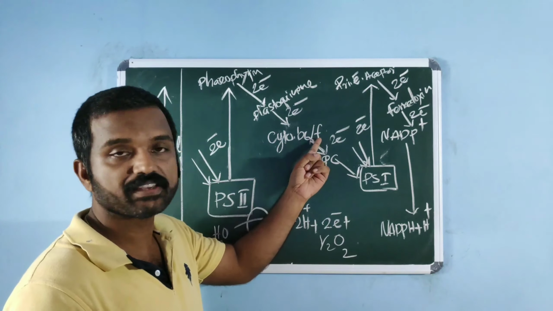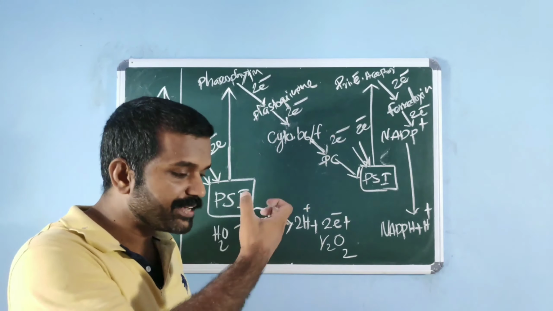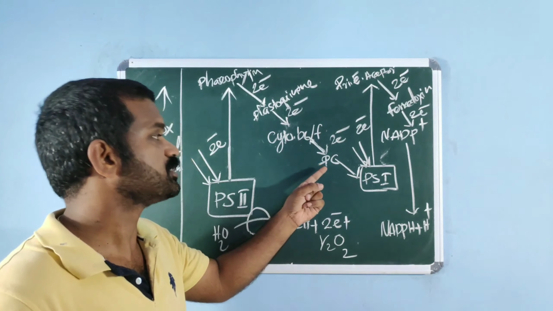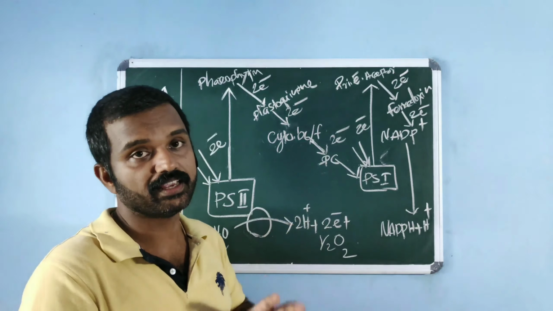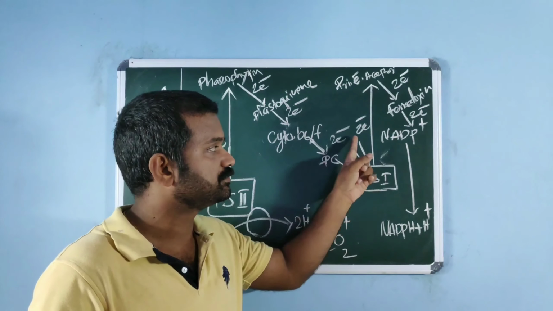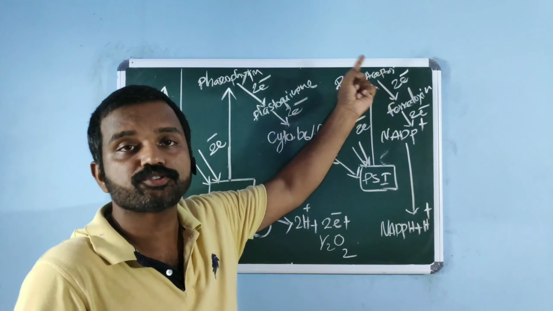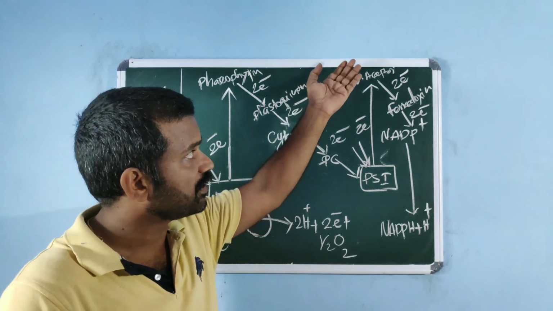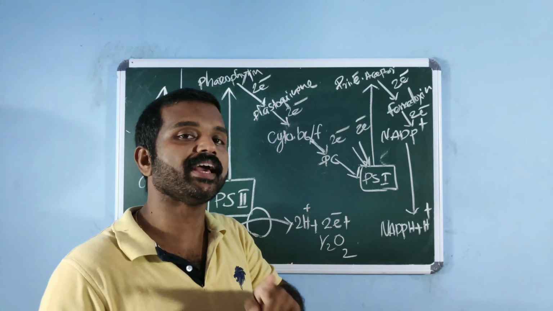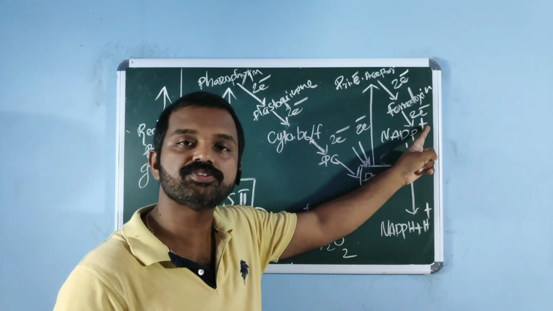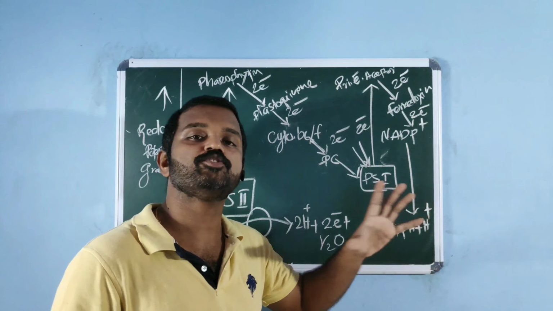From the cytochrome b6f complex, the next carrier, plastocyanin, receives electrons and transfers them to photosystem 1. Simultaneously, photosystem 1 also gets excited when light falls on it, and the released electrons are accepted by a primary electron acceptor. From there, the electron goes to ferredoxin, and from ferredoxin, these electrons are ultimately accepted by NADP+, which in turn gets reduced into NADPH plus H+.